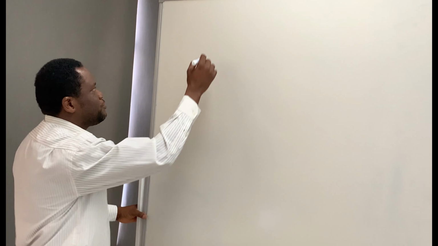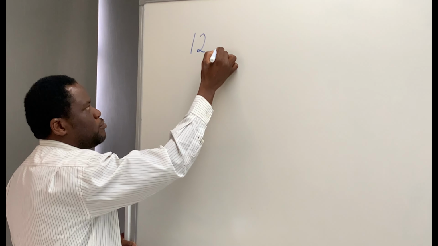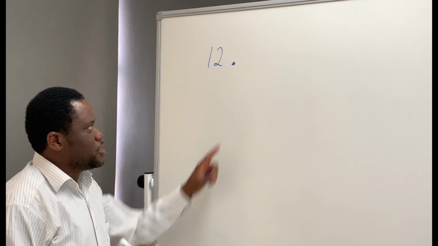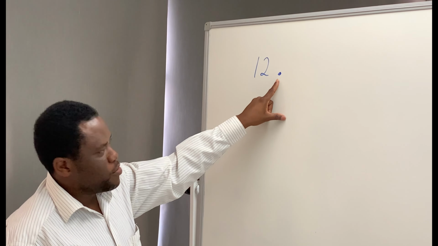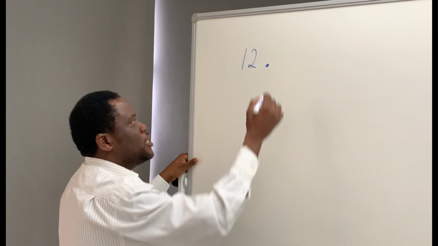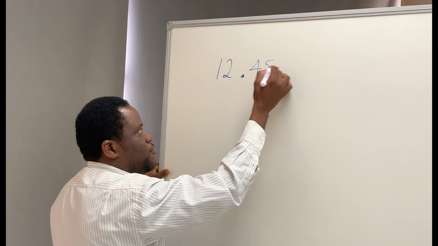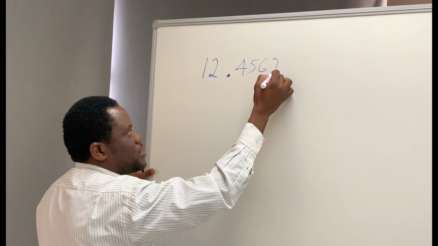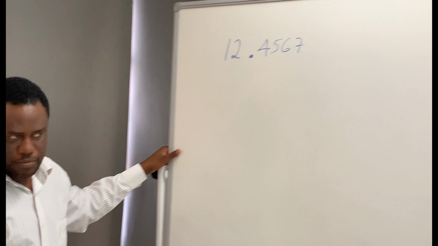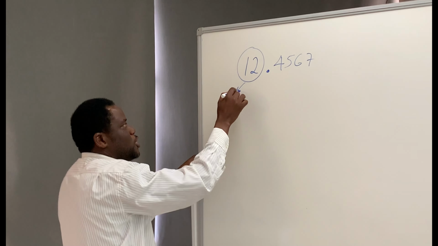Let's say we have 12 point 4, 5, 6, 7, for example. Now, this is points, not multiplication. If multiplication, we put it in between them. Okay? This part is the whole number.